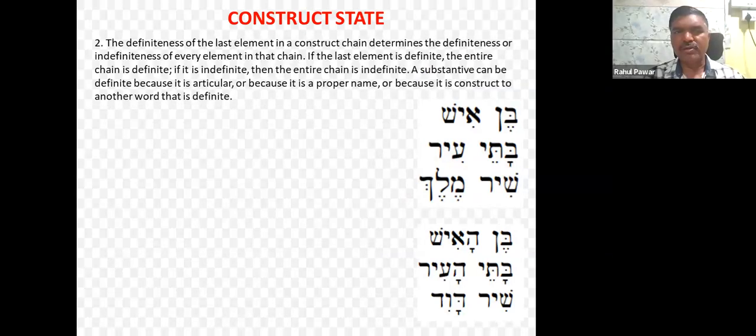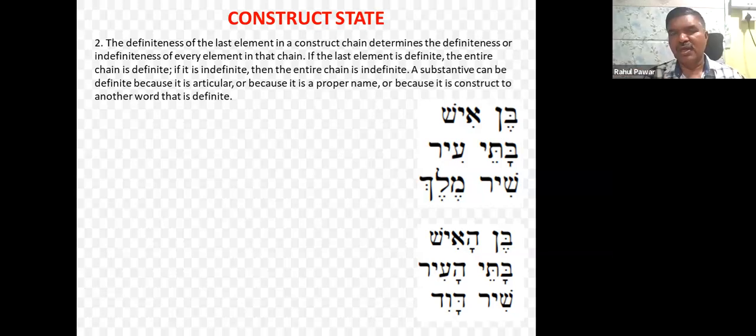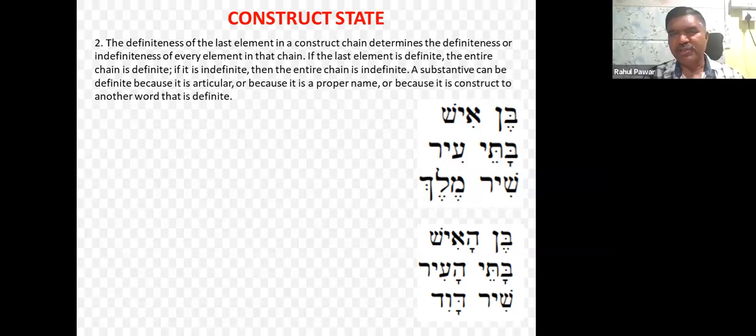Already I told this: the definiteness of the last element in a construction determines the definiteness or indefiniteness of every element of that chain. Now, the last element means the word in absolute or genitive. If it is definite, then the entire chain is definite. If it is indefinite, then the entire chain is indefinite.